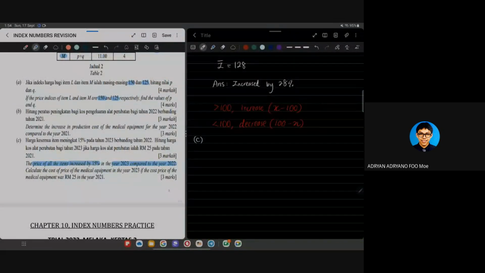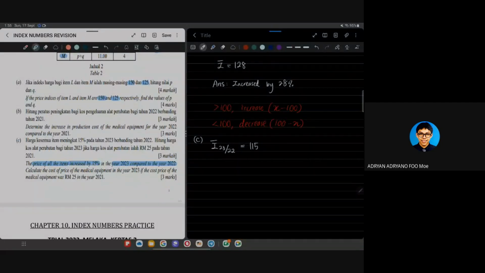The first part means I know the composite index of 23 per 22 is 115, because he mentioned all the items also increased 15%. This is my first fact from the question.